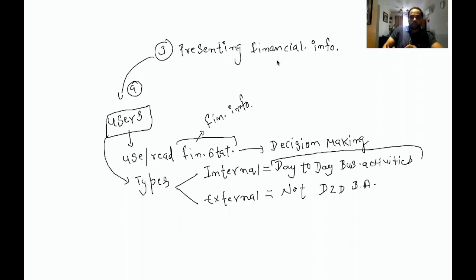Okay, so now what are the examples of internal users? Internal users involve workers. That's mainly the bottom level of people in an organization.